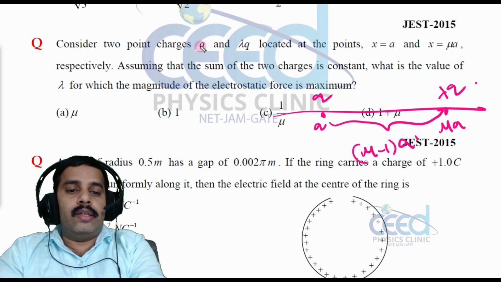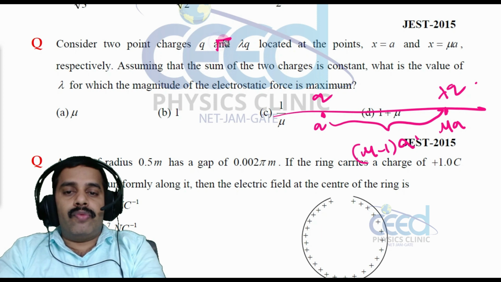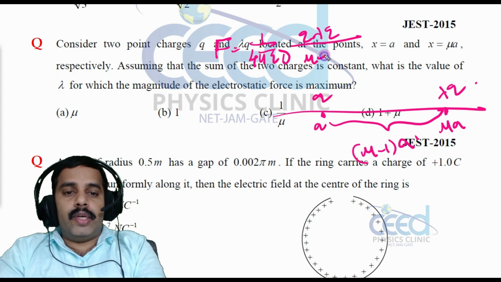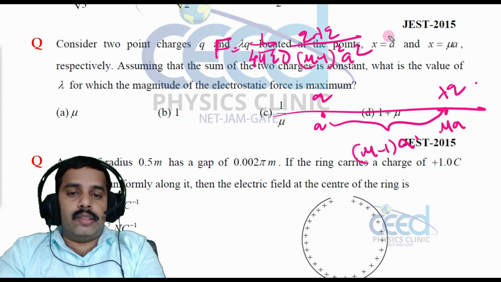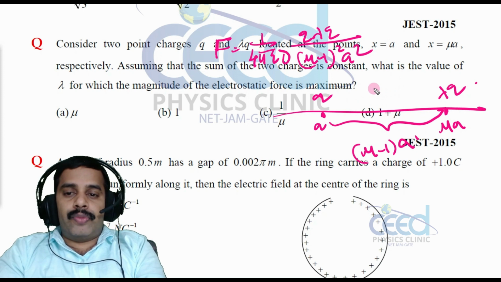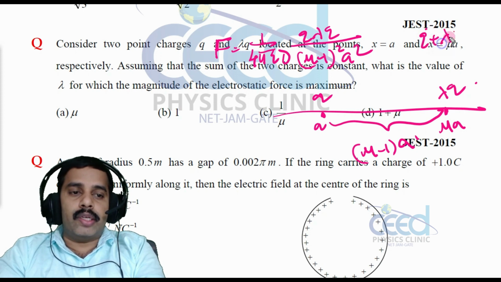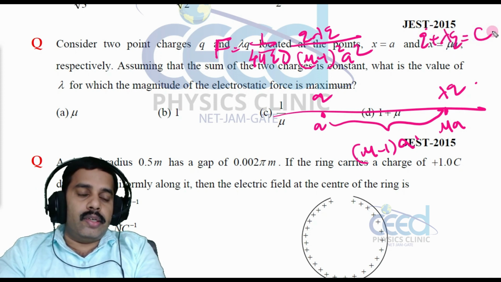What is the force then? Force is equal to 1 by 4 pi epsilon 0 into charge q into lambda q divided by (mu minus 1) a whole square, that is (mu minus 1) whole square into a square, right? That is the force between these two charges. It is maximum when, also given that the sum of the two charges is a constant, that is q plus lambda q is some constant, right?